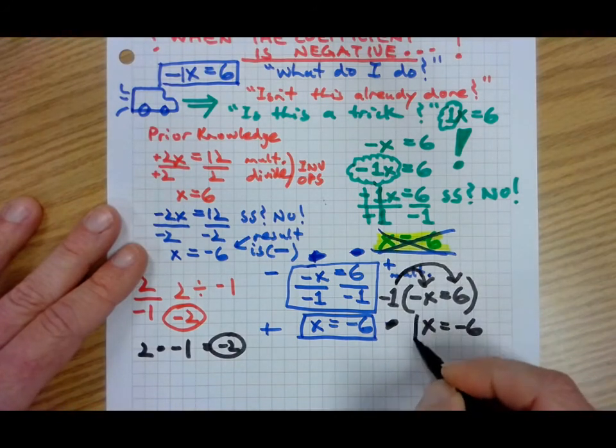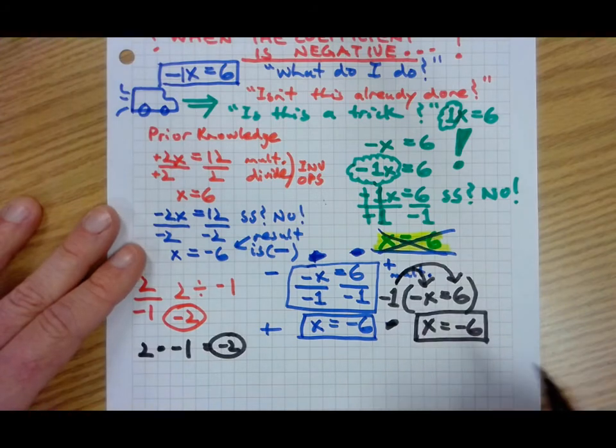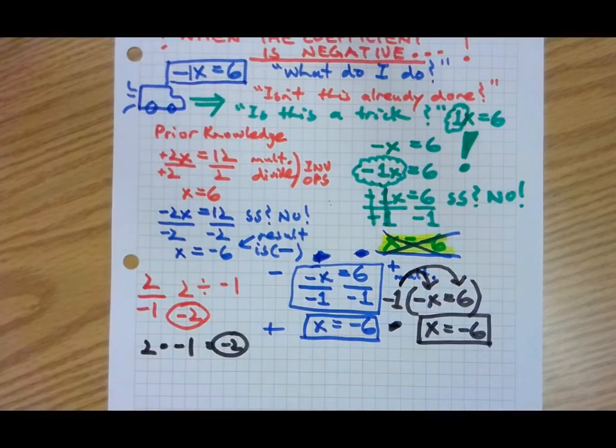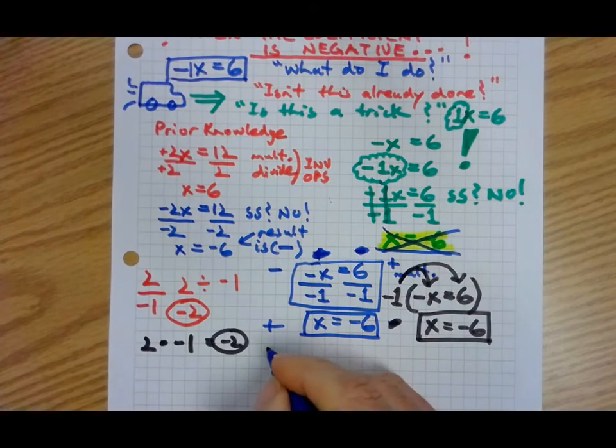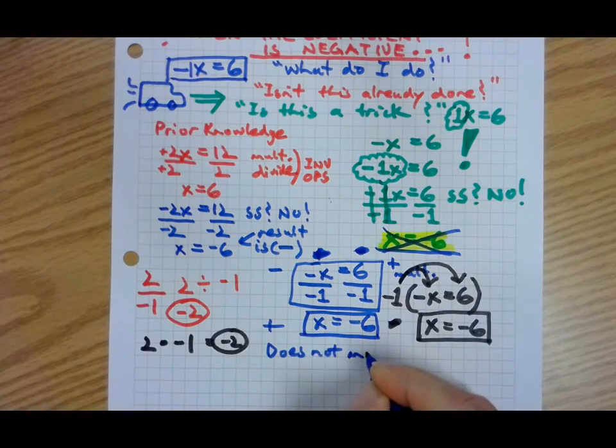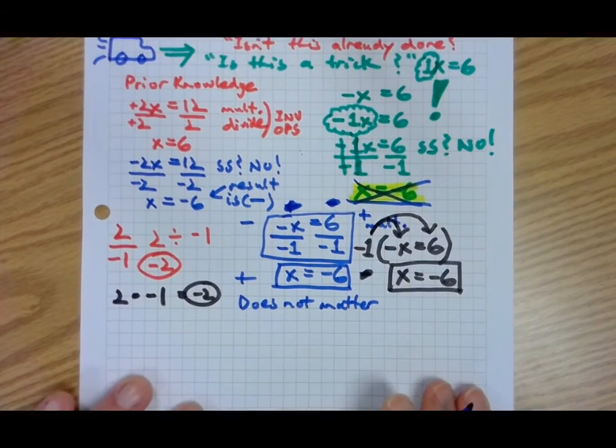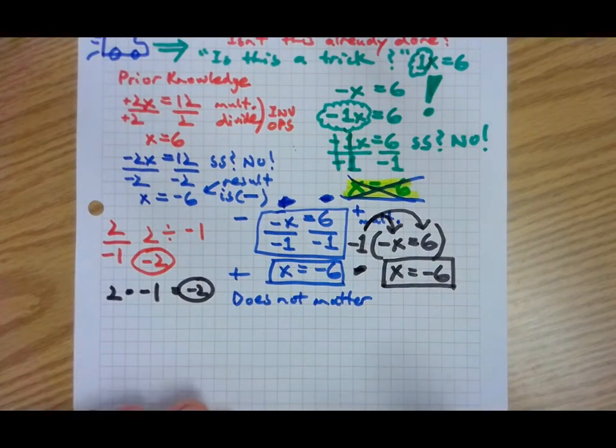Oh, look at that. So the trick here is if you have a problem like we started with, it does not matter if you divide or multiply, which makes it a tricky thing to teach because there's no absolute answer. I can't say you must multiply or you must divide.